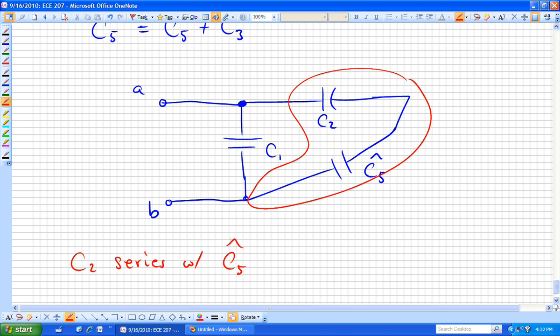with C sub 5 hat, so that now my C sub 2 hat is going to be C sub 2 times C sub 5 hat over C sub 2 plus C sub 5 hat.